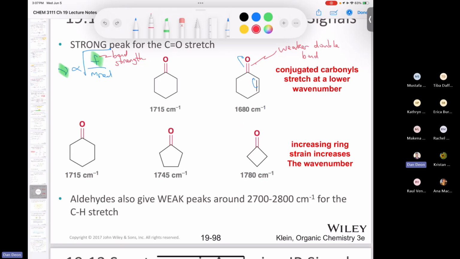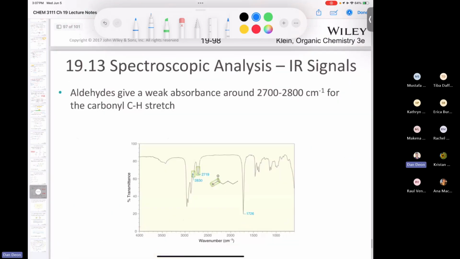Also, aldehydic CH stretching. When you have an aldehyde, this is one of the most distinct absorbances in all of organic chemistry in the IR: you see 2 stretches. To me, they're usually around 2750 and 2850 centimeters to the -1, but just 2 small stretches in that range for aldehydic stretching.